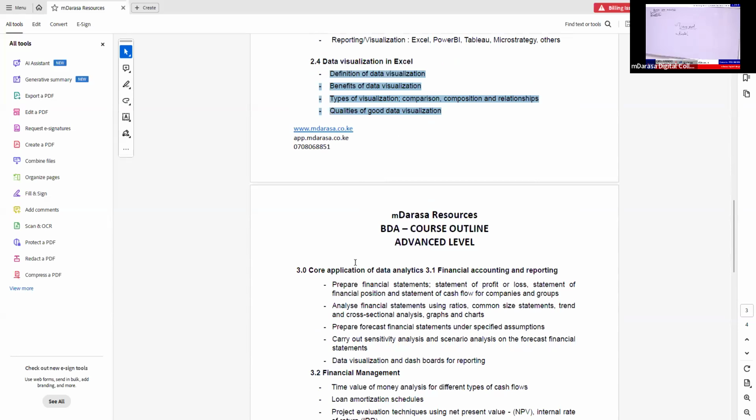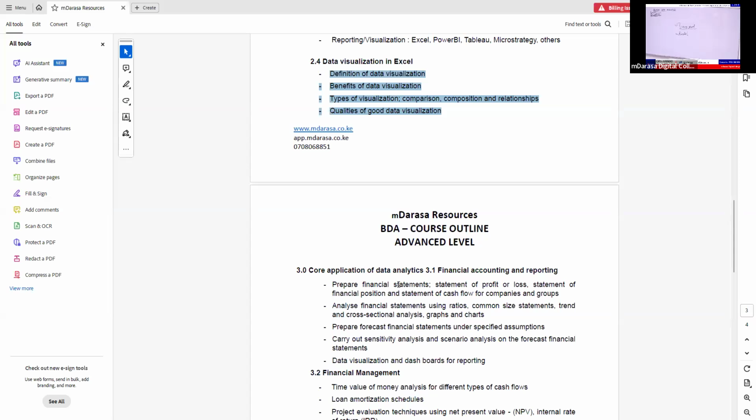As we had started, we said that number 1, there are some key concepts that we must be able to understand and remember throughout our journey of CPA. So in this case, for business data analytics, we'll be having 2 parts.